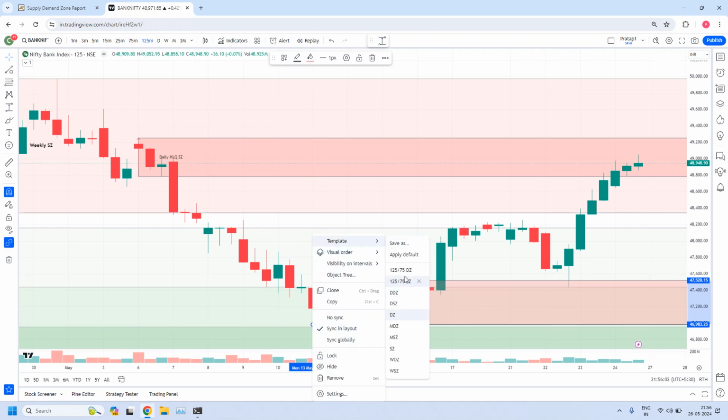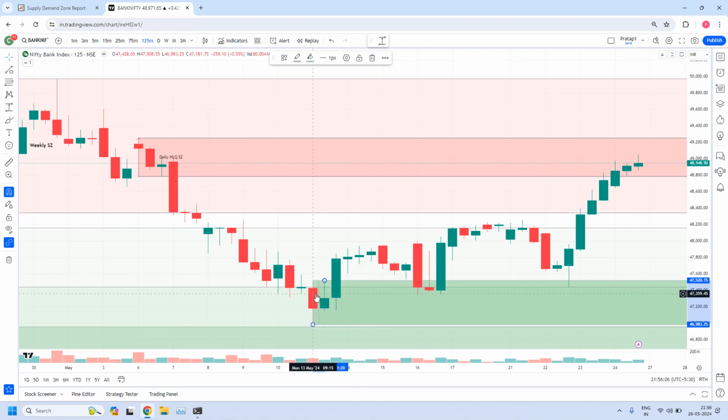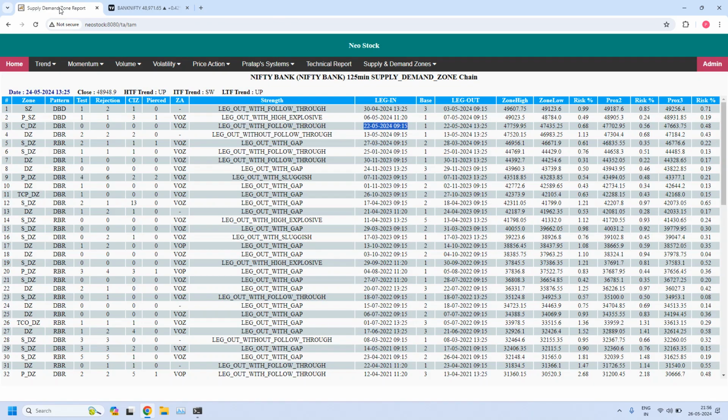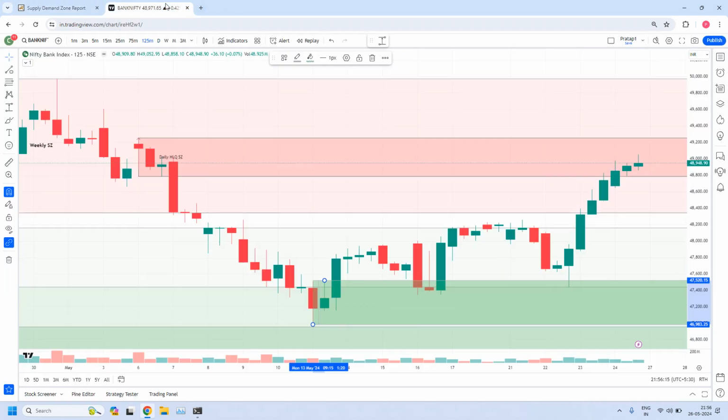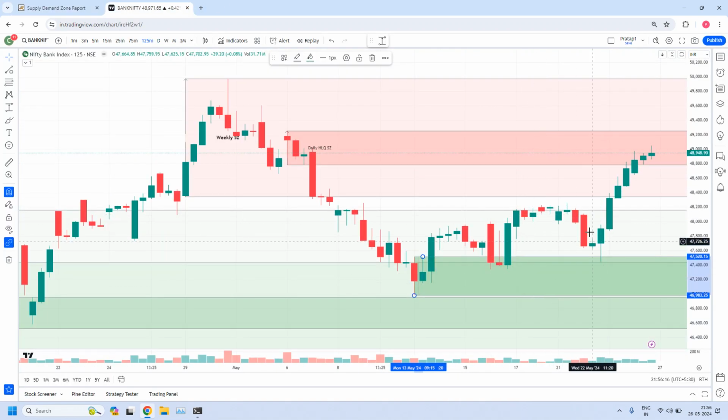So this is 125 minutes demand zone. This was created on 13th May, let us check, this is the demand zone, 13th May. Actually, these are all LOTL zones, drop, base, rally. And this is the one responsible.